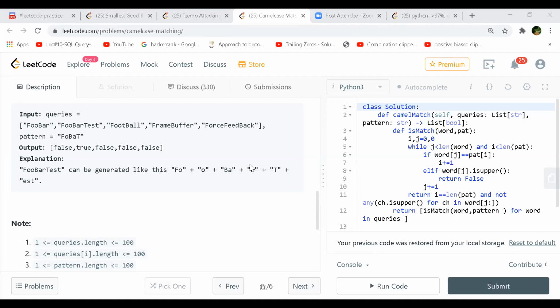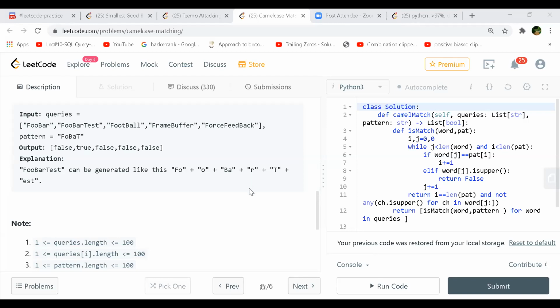I mean, depending on the query, FO slash o will be written. If o is occurring one more time, you'll use it. No, he's saying after the first F, here in the pattern also, for this example, the second one.